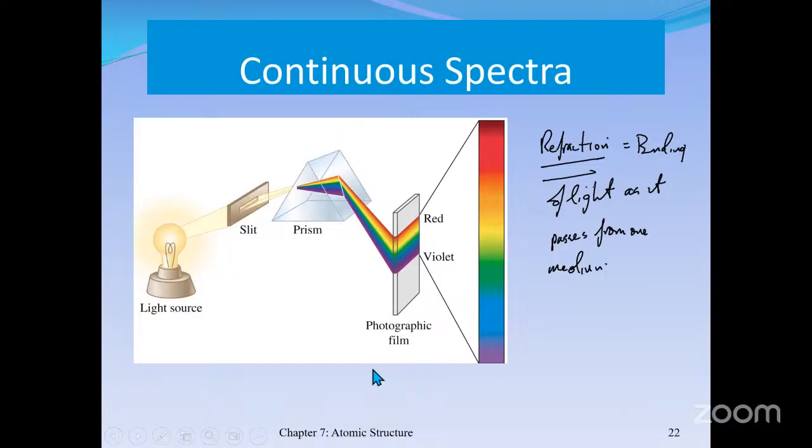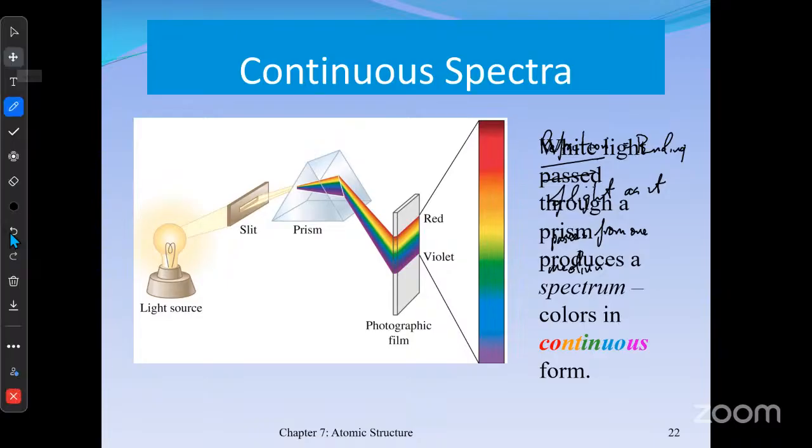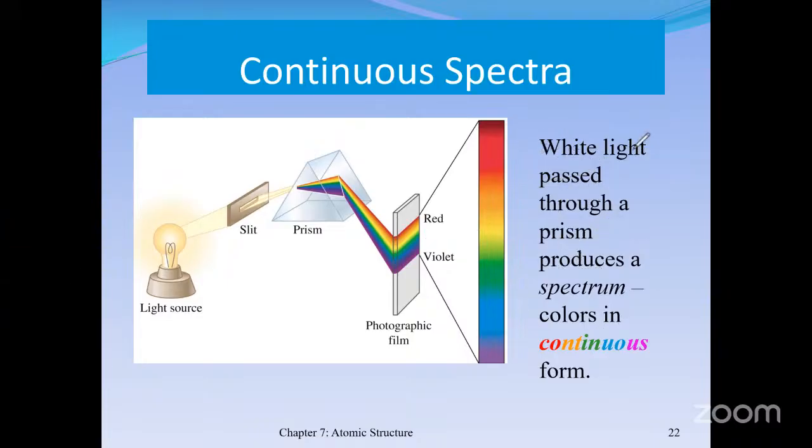So we call that a continuous spectrum. Let me clear this here so we can see what that is saying. Basically it's just saying what I just said. This is the same thing that you would see in the rainbow. The rainbow that you see outside is due to water droplets refracting the light from the sun and separating the different colors, and you end up with the rainbow.